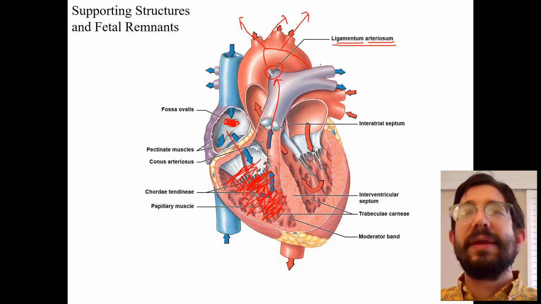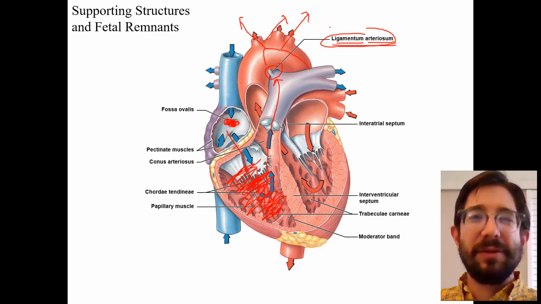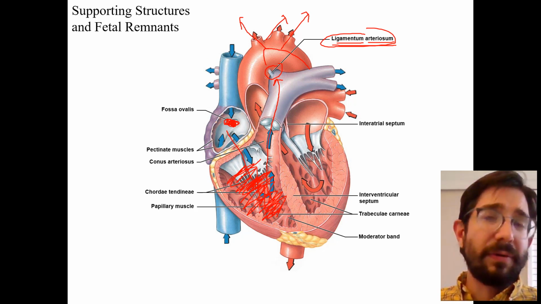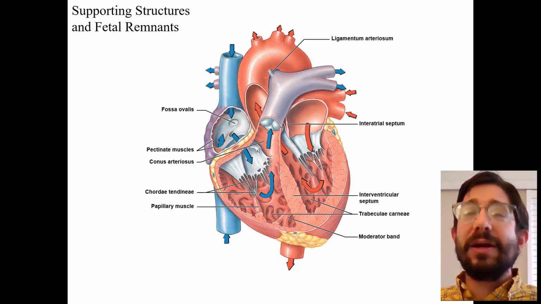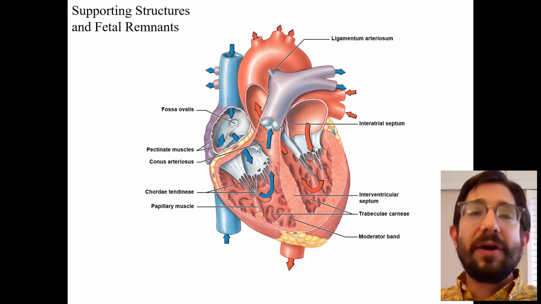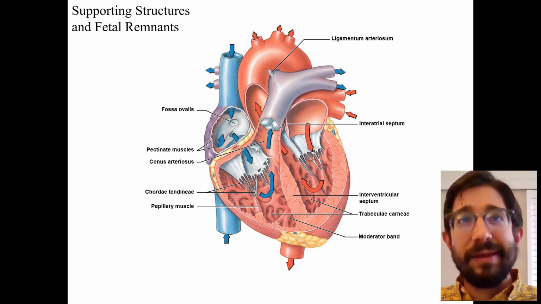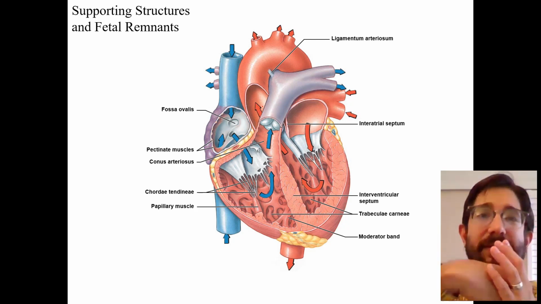When you're born, this goes away. It becomes no longer a duct. It becomes something more akin to a ligament, just some old connective tissue. And doesn't serve any purpose anymore, although it's probably worth noting just quickly that in a car wreck, the leading cause of death is TBI, traumatic brain injury, but the second biggest cause of death is basically the heart swings forward after that sudden impact, right?